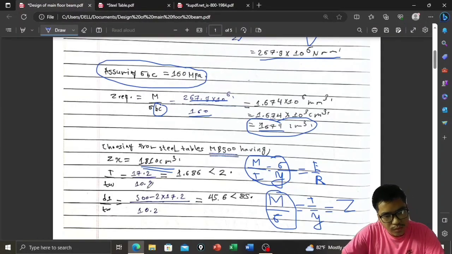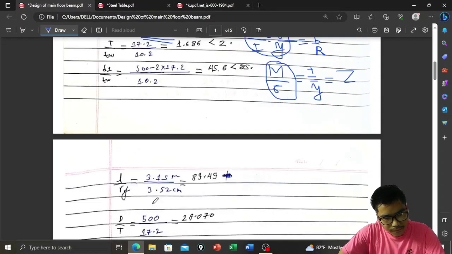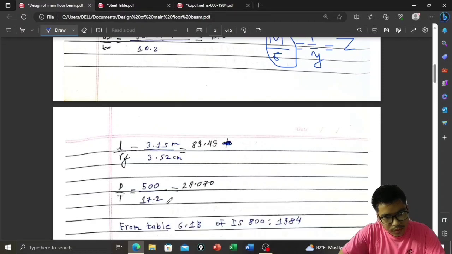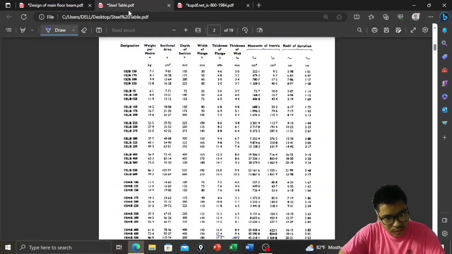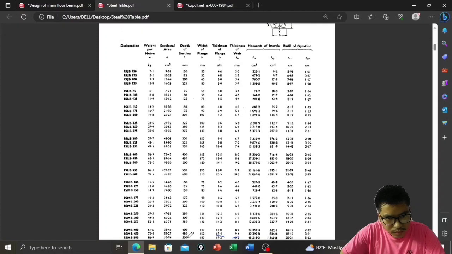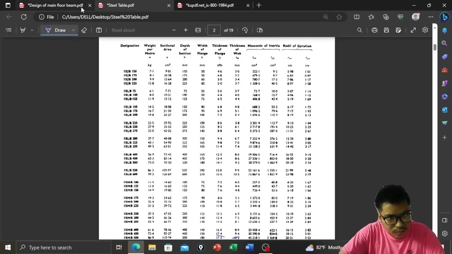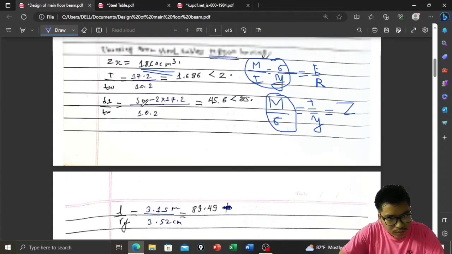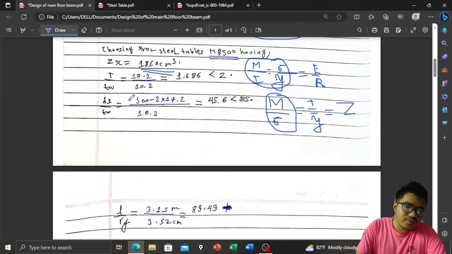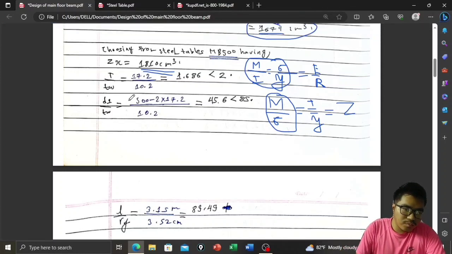So depth is 500 because we choose ISMB 500, and this is also given here. The depth is 500, and this d1 is 500 minus 2 into 17.2.